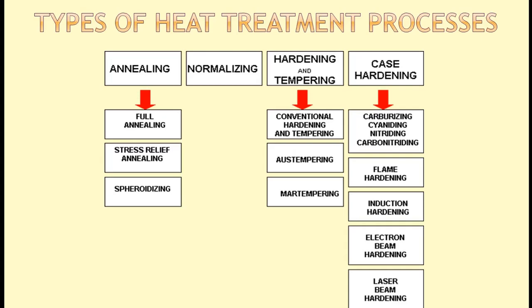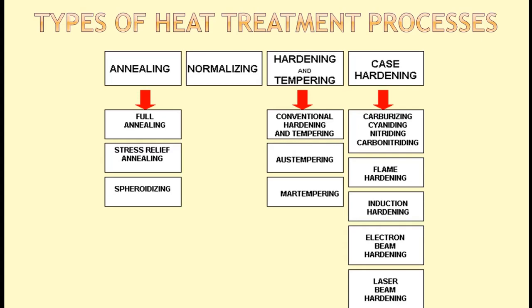There are 3 different categories of annealing: full annealing, stress relieving annealing, and spheroidizing. For the hardening and tempering process, we see conventional hardening and tempering, AusTempering, and MarTempering, these are the 3 different categories.